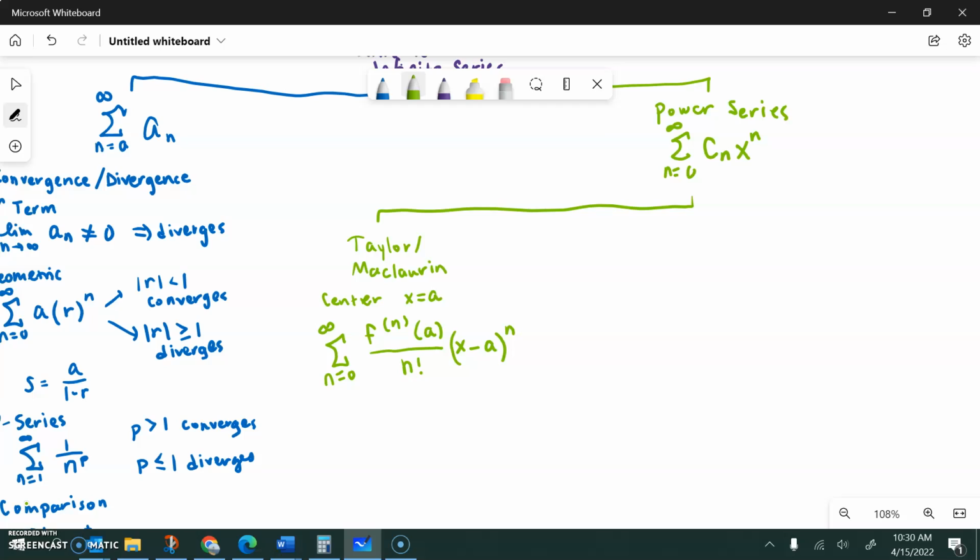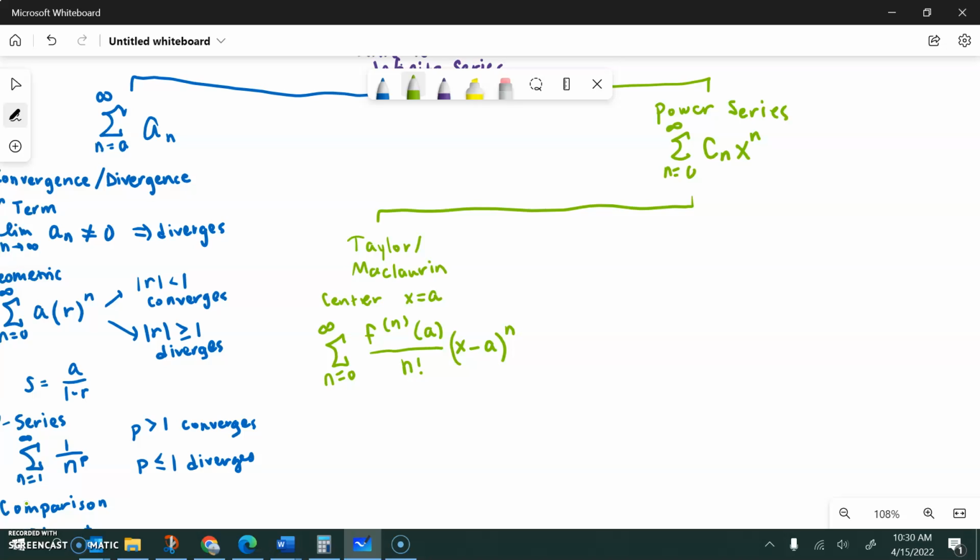So my series is going to have, my first term will be just the value of the function at a divided by 0 factorial, which is 1, times x minus a to the 0. So it's really just going to be the value of the function. My next term will be the first derivative evaluated at a divided by 1 factorial times x minus a to the first.